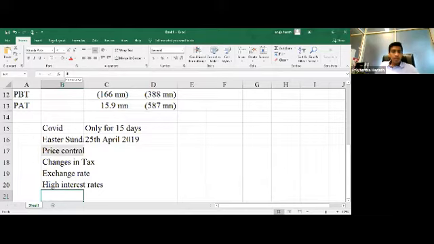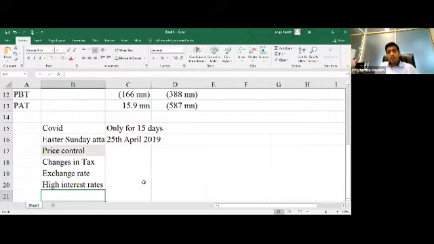These are some of the variables we need to understand before going through financial statements. Sometimes when we go through the chairman's review, CEO's review, and the management discussions, we can see how all these variables impacted their business if they disclose.